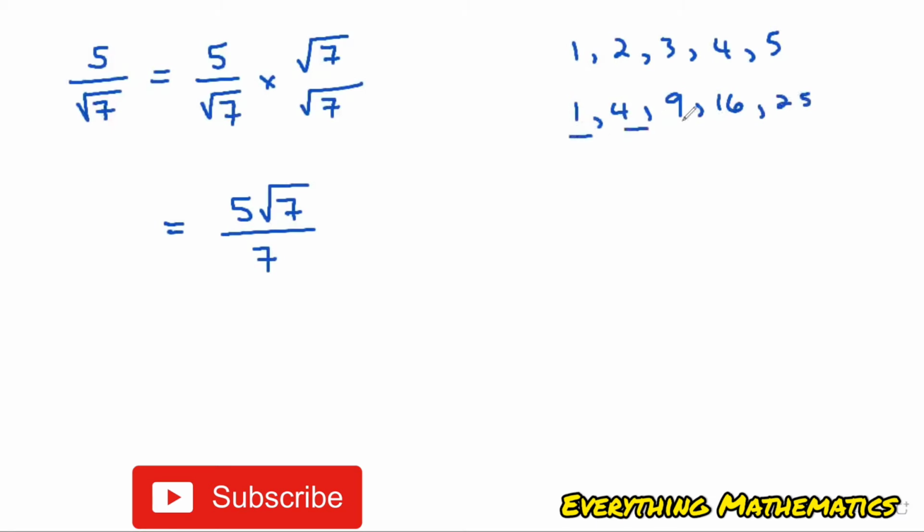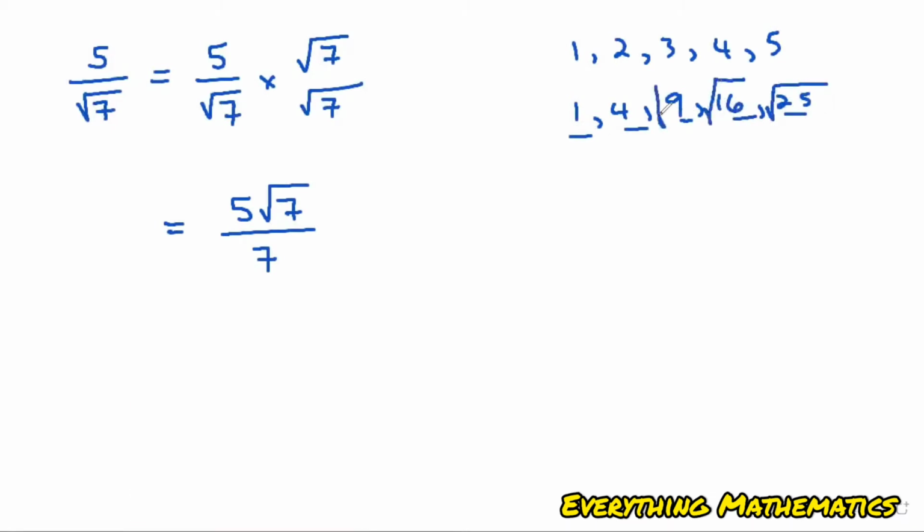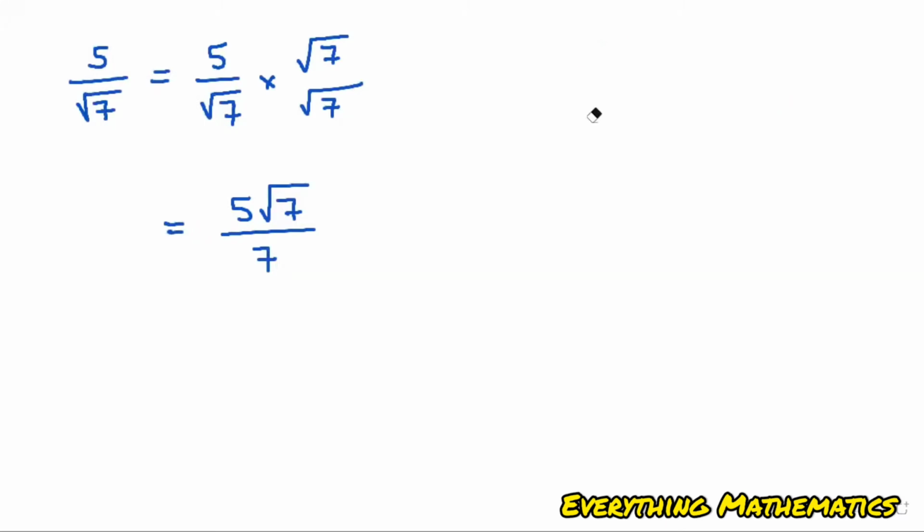All these are perfect squares because the square root gives us back a whole number. So once we square a number, we end up with a perfect square, and the reverse is also true. The square root of the perfect square is the number itself. So that's one way to think of this if we cannot see it otherwise.